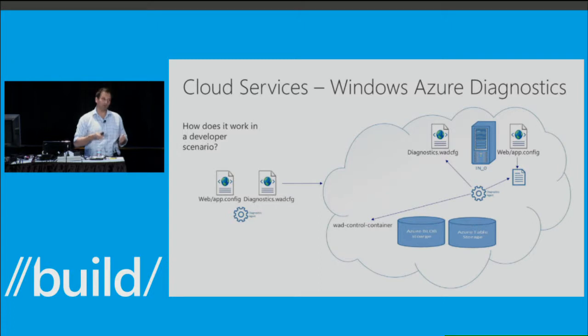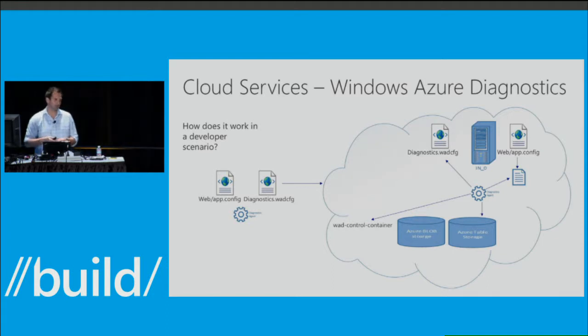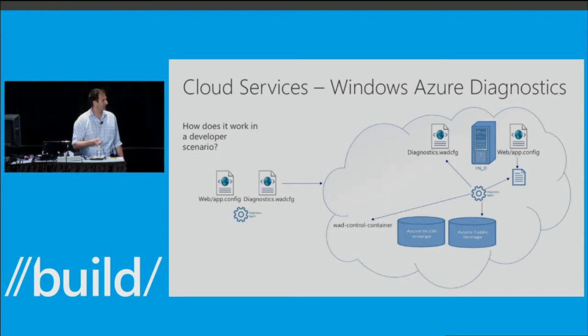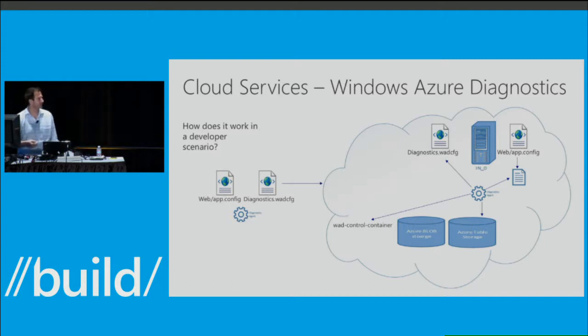So for example, I only need the errors for my Azure logs. Then it grabs only the errors from the Azure logs and puts them into table storage. Some diagnostics data goes into table storage, for example the Azure logs, performance counters, and infrastructure logs. Then the IIS logs, failed request logs, and crash dumps go into blob storage. This is a fairly important concept.